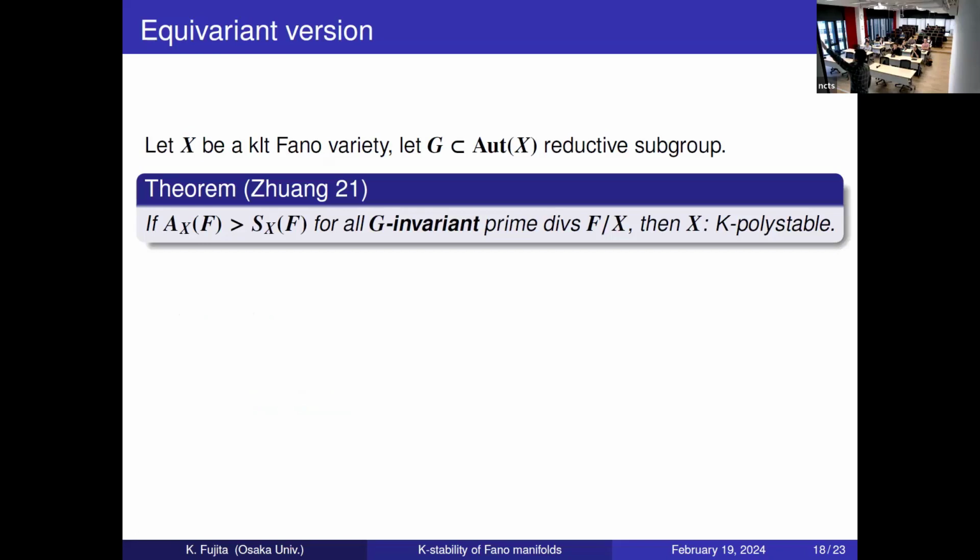If X is a KLT Fano variety and a reductive group G acts on X, in order to show K-polystability, ideally we must consider an infinite number of prime divisors over X. But if A is strictly bigger than S for all G-invariant prime divisors, then X is K-polystable. So it just adds the G, but it is very strong, and the proof is highly non-trivial, due to Zhuang.